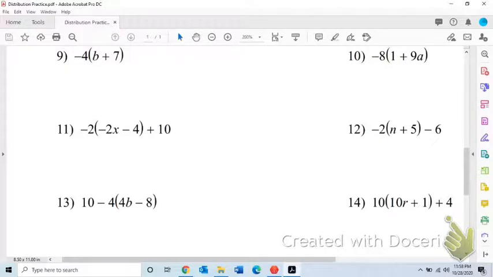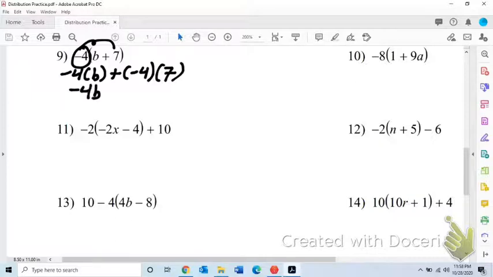Number 9, we distribute that negative 4. So we have negative 4 times b plus negative 4 times 7. Negative 4 times b is negative 4b. Negative 4 times 7 is negative 28. So that gives us negative 4b minus 28.